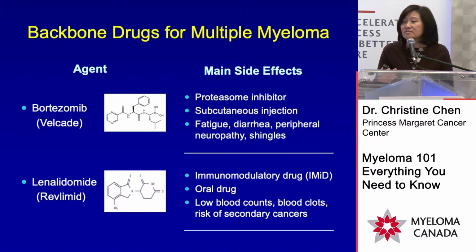And it predisposes you to getting blood clots. So most of you will be familiar that you need to be on some kind of anticoagulant or aspirin when you're taking it. And there is a concern about it causing some damage that leads to the risk of second malignancies, like many different treatments we use, particularly even the melphalan we use in transplant.